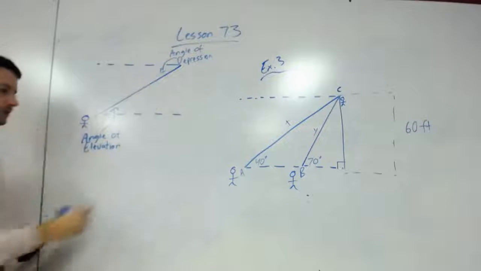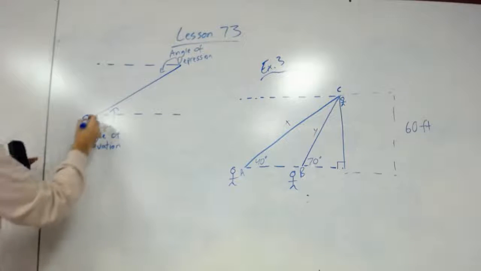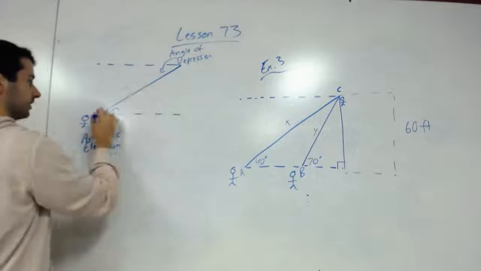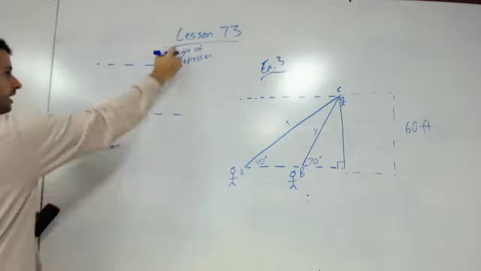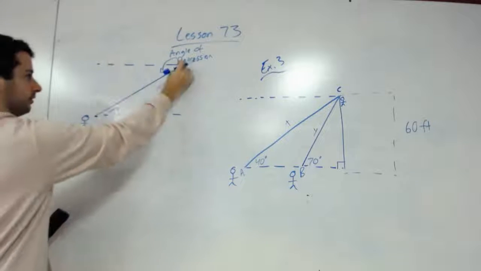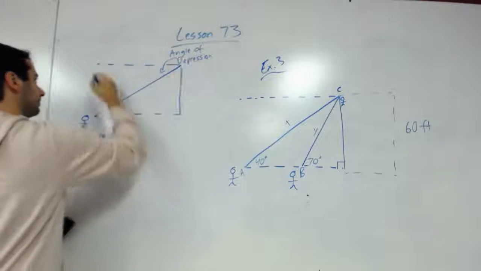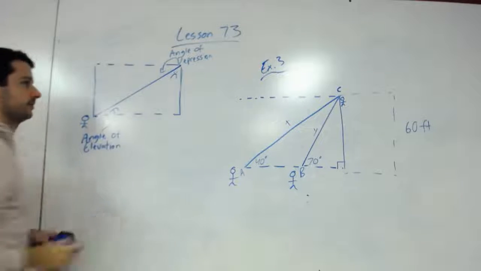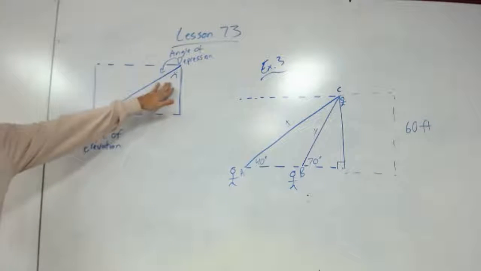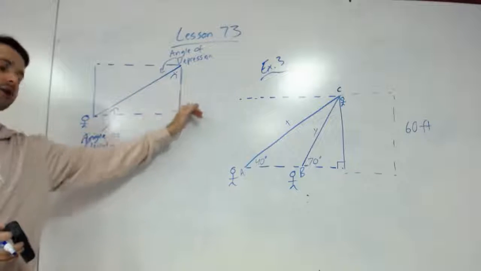Really the basic definition to me is it's the hypotenuse and the horizontal. It's never the vertical. Angle of depression, notice it's between the horizontal and this hypotenuse. So if we have a line here, this is not an angle of depression, because it's between the hypotenuse and the vertical line.